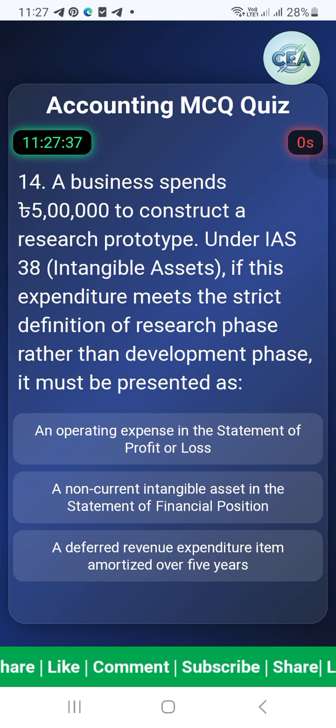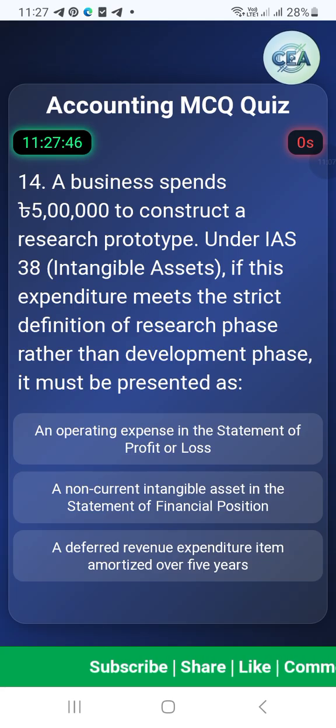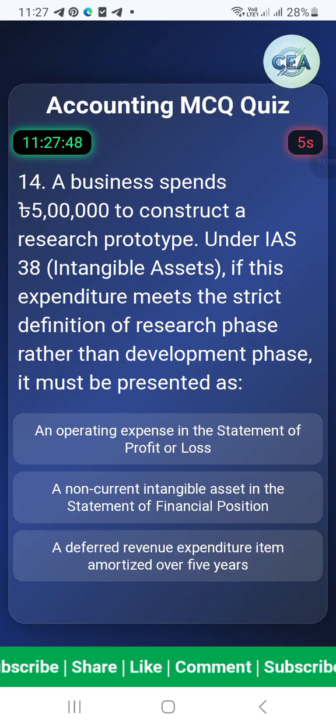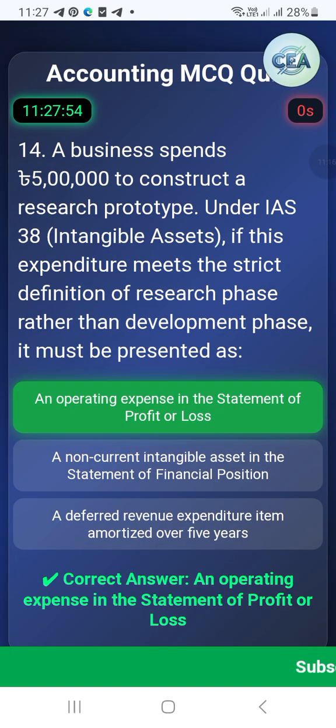Option 2. A non-current intangible asset in the statement of financial position. Option 3. A deferred revenue expenditure item amortized over 5 years. Correct answer is an operating expense in the statement of profit or loss.